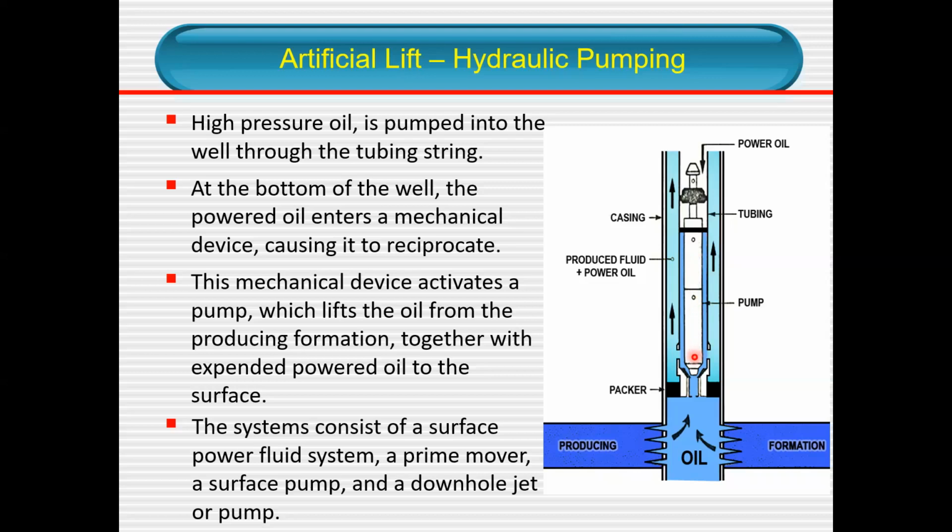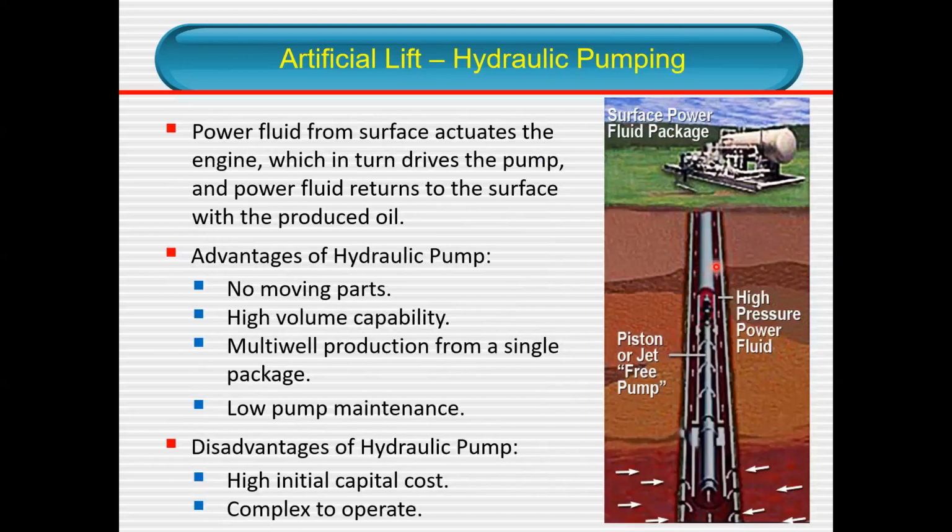Okay, this is a power oil, not the crude oil itself, which can be separated later, so that you can bring the crude oil to the surface. Again, this pump is located inside here. Similar to ESP pumping, which goes very much below, you can also use hydraulic pumping to bring the crude oil to the surface.